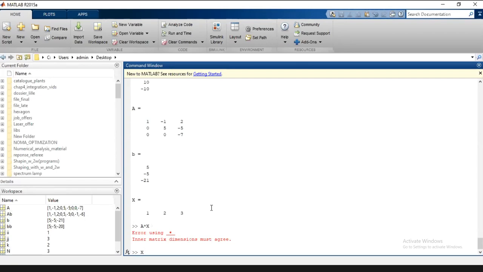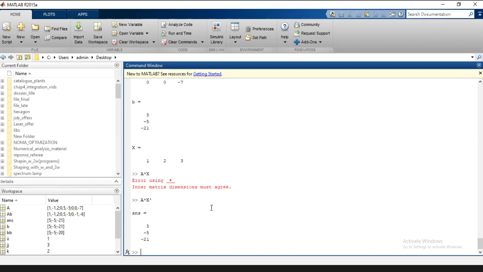So if you make A multiplied by X, you will have a problem. But you can make A multiplied by X prime, or define your vector X to be a column vector instead of a line vector. So here you get 5, 5, minus 21. You should get the B here, right?